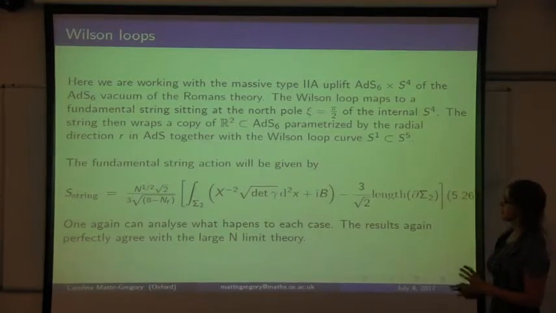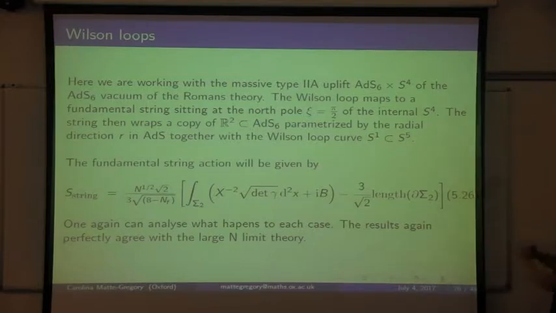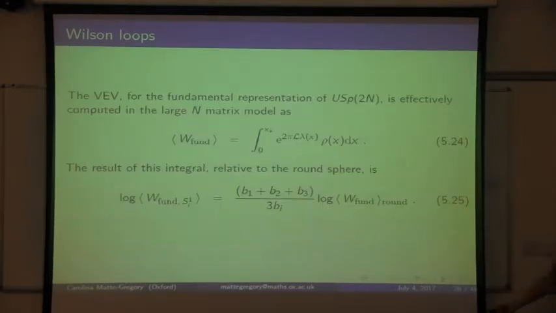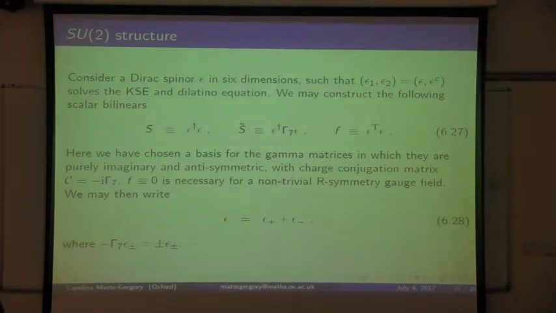But it's easier to see later on. So the fundamental string action is given by this, and then again you can analyze what happens in phase and you get exactly the same thing that we had before. So again, perfect agreement with my supersymmetric theory.